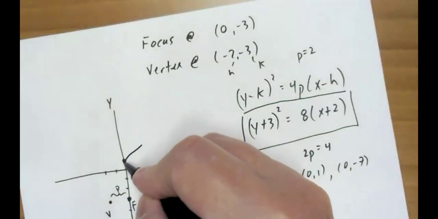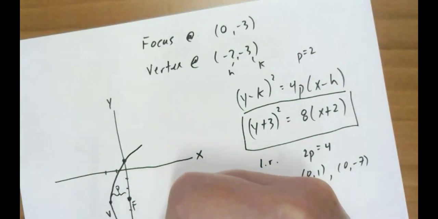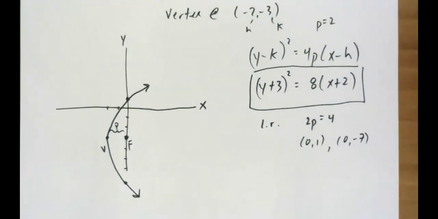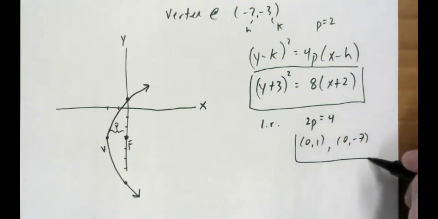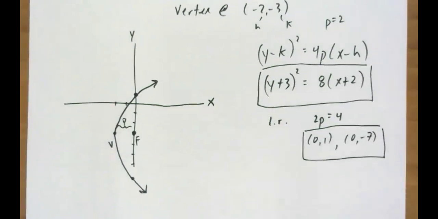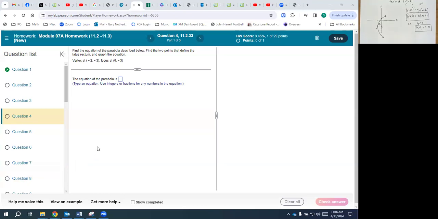And I'm going to create the graph on the computer, but that's what it would look like. So this is the information now. I'm going to now go back to the computer program, enter this information. Hopefully it's correct, and we can plot this parabola.